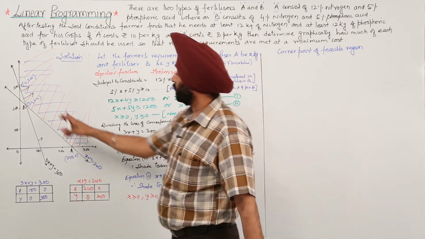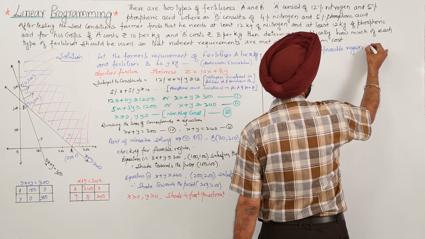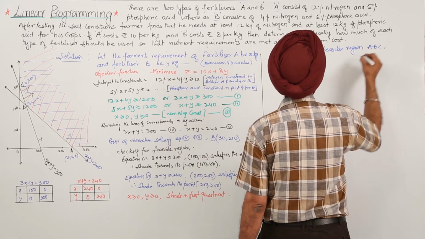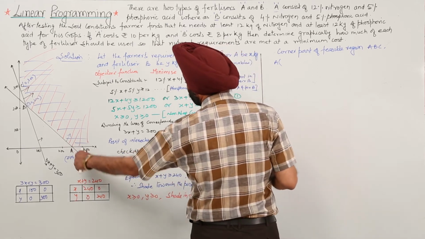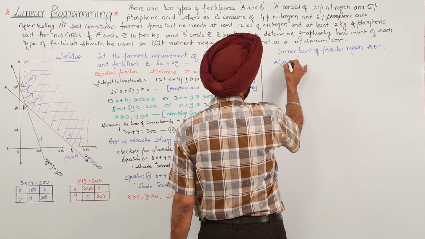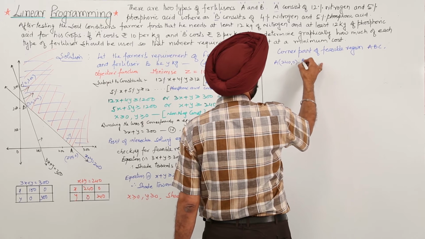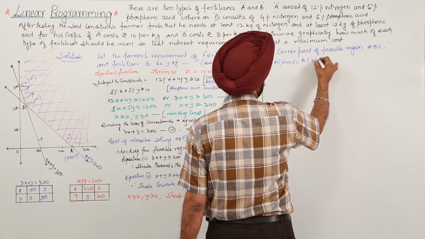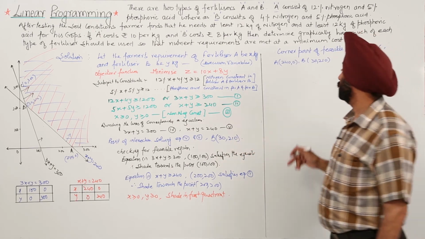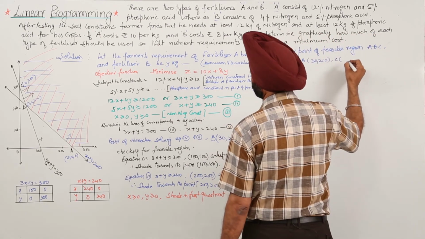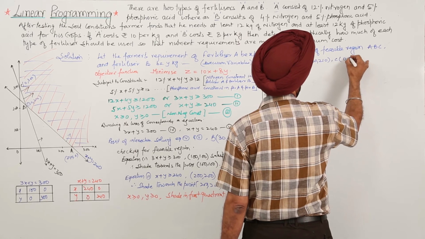Feasible region is A, B and C. A is this point 240 comma 0, B point of intersection 30, 210, this point 30, 210, and C 0, 300.